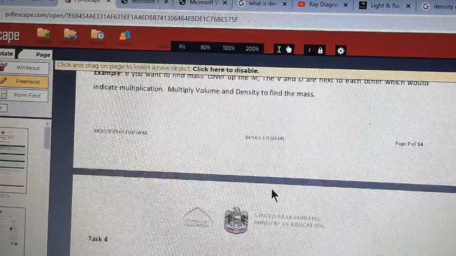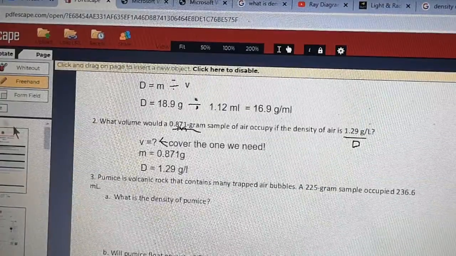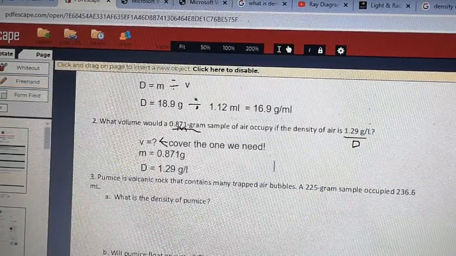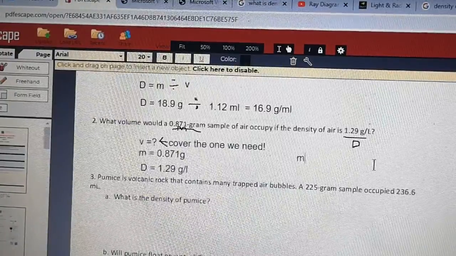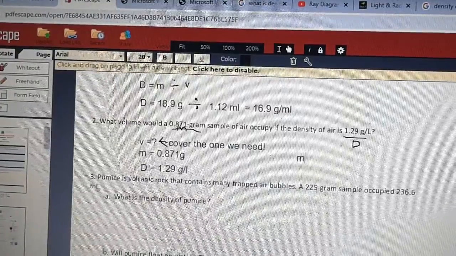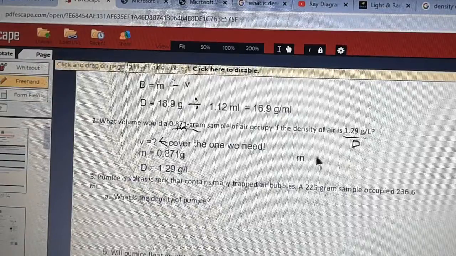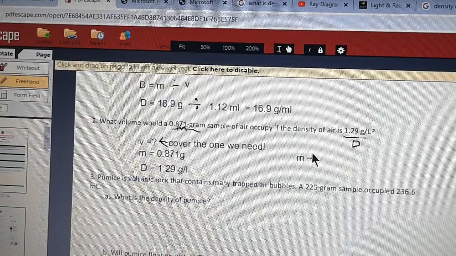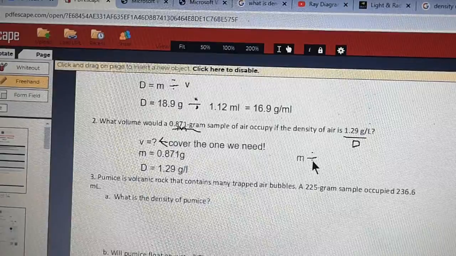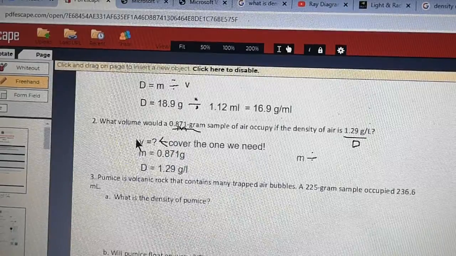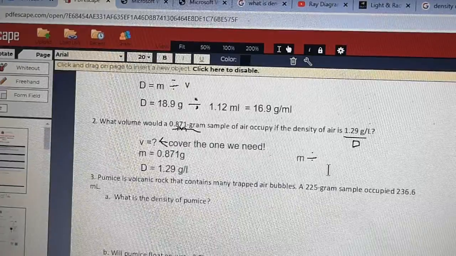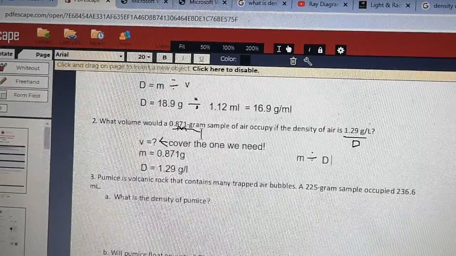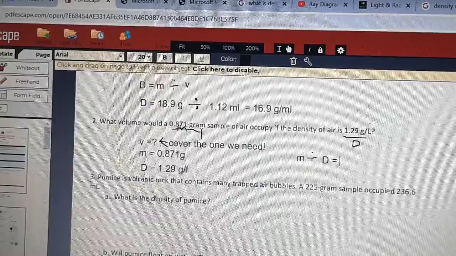Let's remember that and go back to the problem. I'm just going to write here. M for mass divide by the density, D for density, equals the volume.